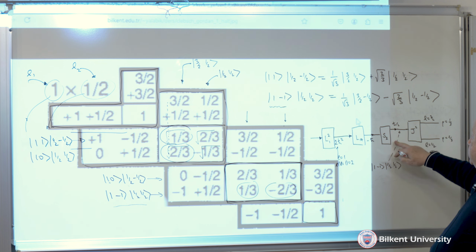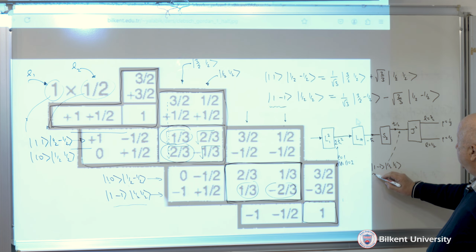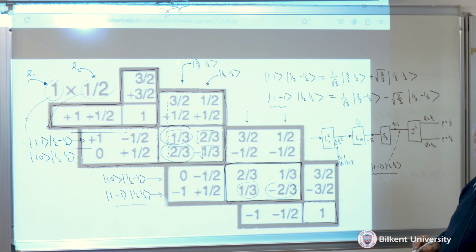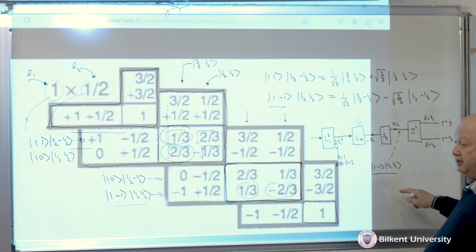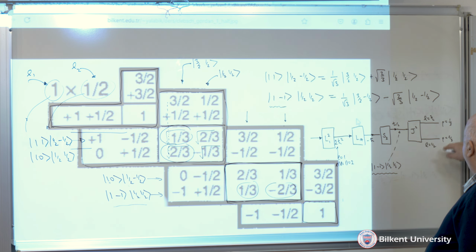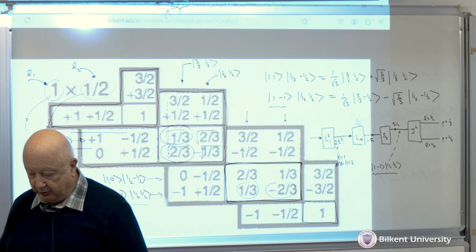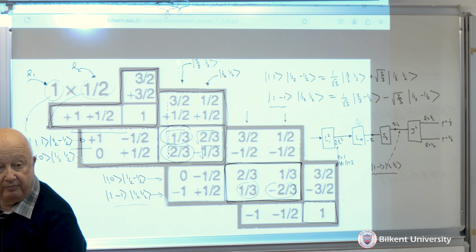So it could be anything. But suppose it does come out like this, then I know that the particle is in this state. Once it's in that state, then I can just go ahead and make my measurements for the total angular momentum state.